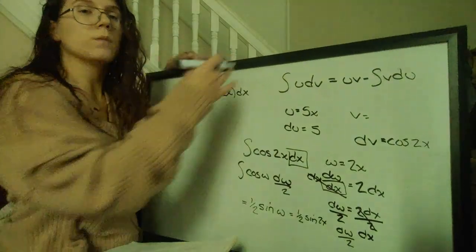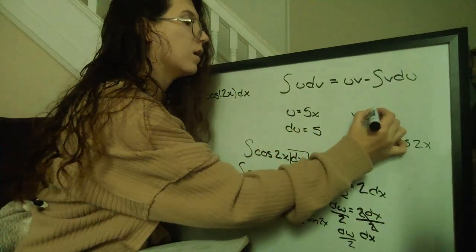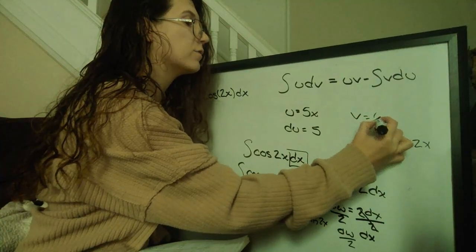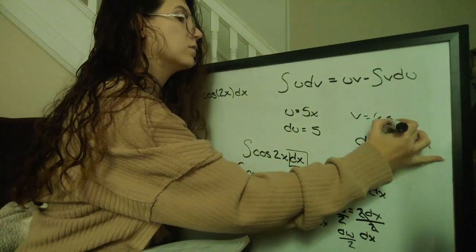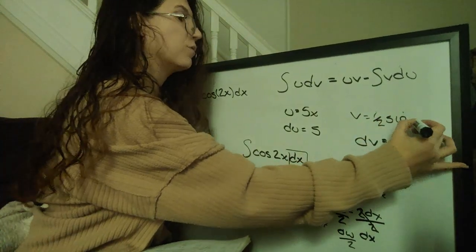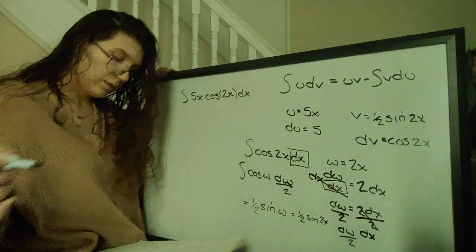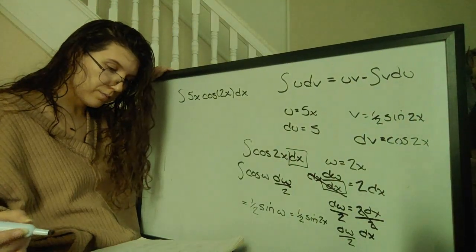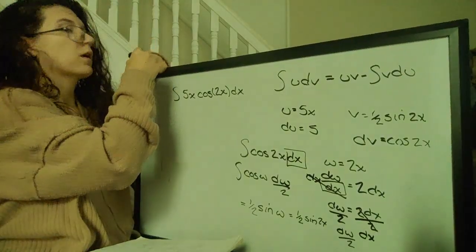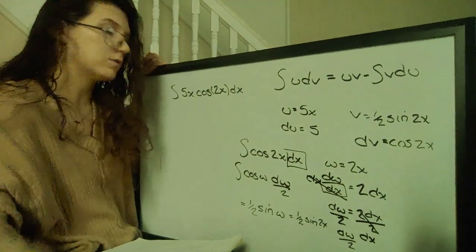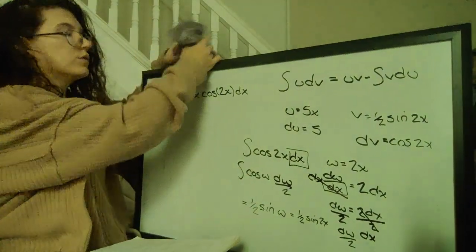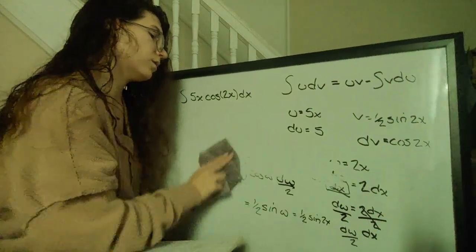It comes with time, but I definitely won't be going through that with every single problem that we go through here. But that is what that ends up being. Okay, so I'll erase all of my u substitution work.